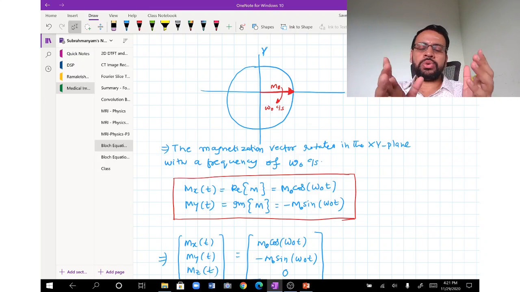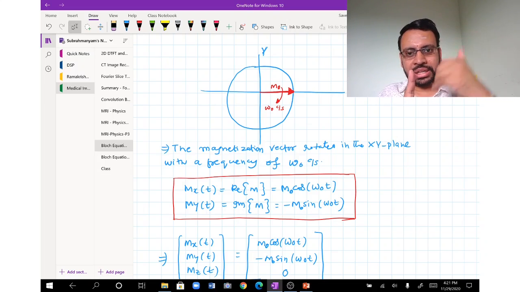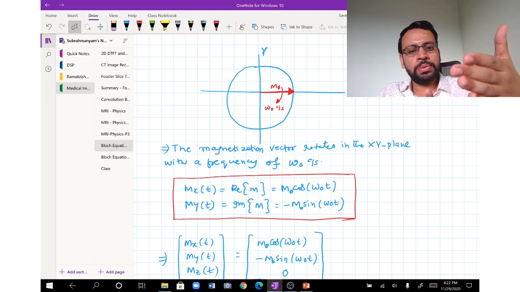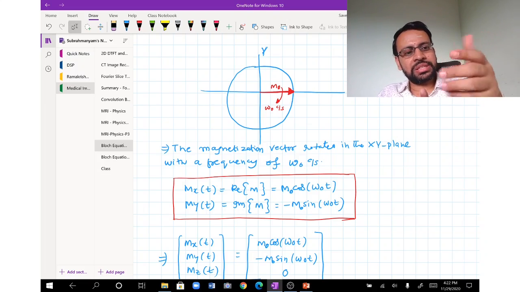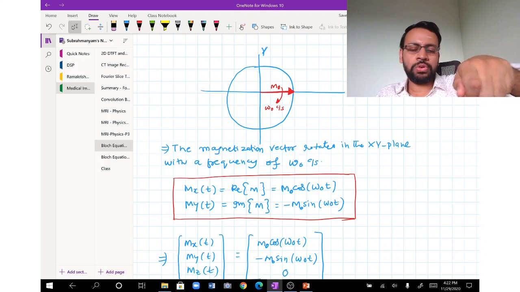So again, notice here, this is rotation around the z axis, right? That is one thing. Our third assumption was that we are having it along the x axis. So if it is not along the x axis, all that it is going to make a difference is that the initial vector would keep rotating with a value of omega naught.